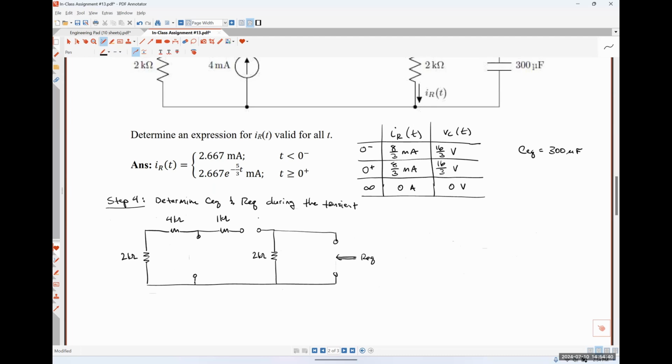All right, so what is the equivalent resistance that I see? 2 kiloohms. 2 kiloohms, exactly right.